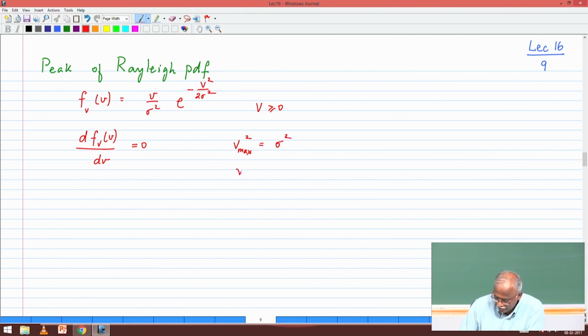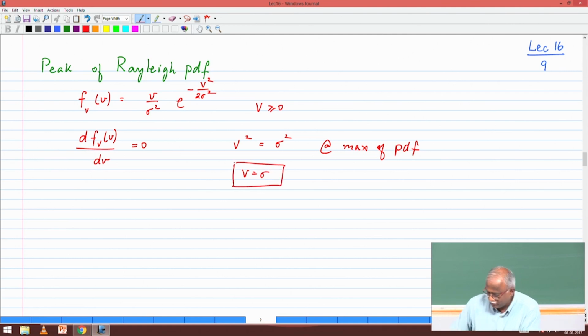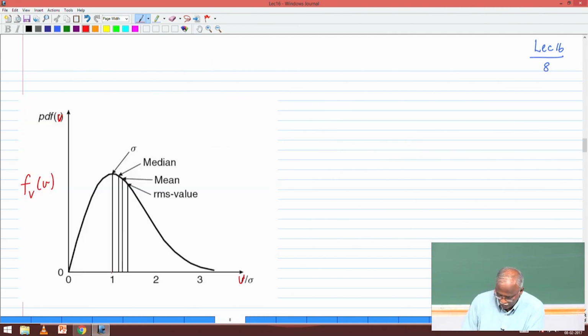In other words, the place at which the maximum of the PDF occurs is V equal to sigma, which is what you can see, where V by sigma is equal to 1. That means V is equal to sigma, you will see that the PDF will peak.